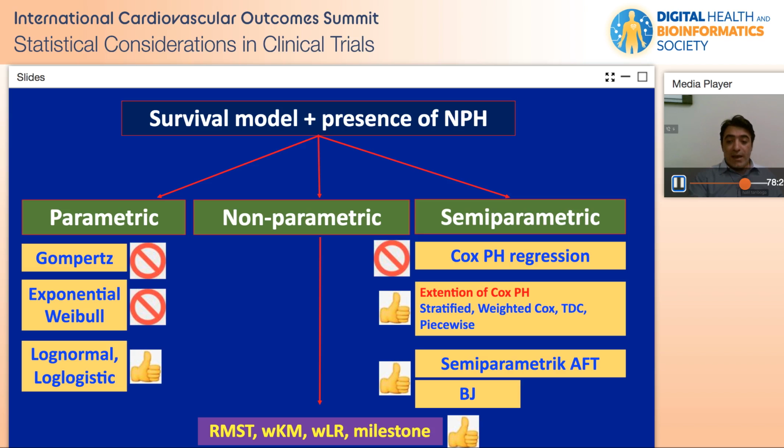When covariate adjustment is required, accelerated failure time models, AFTs that assume an effect other than proportional hazard, or some extension of the Cox proportional hazard model, such as piecewise hazard ratio, stratified Cox model, or weighted Cox may be used. Sometimes the Buckley-James model, a semi-parametric AFT, could be a good option in this case.